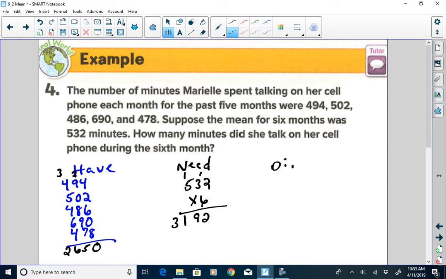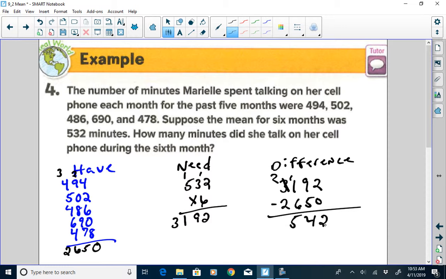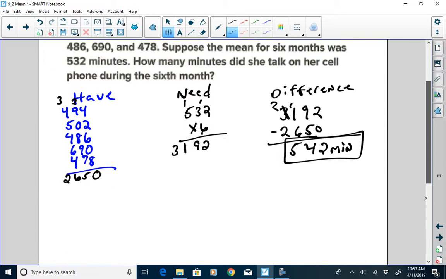We need to find the difference. I find the difference by subtracting 2,650 from 3,192. That's going to give me 542 minutes, the amount of time they talked during that last month.